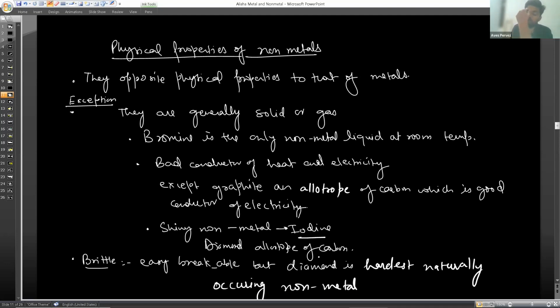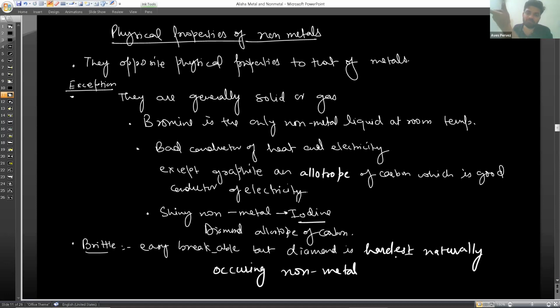Non-metals are brittle, meaning they break when you hammer them. But diamond, because of its tetrahedral structure, is so hard and rigid that it is the hardest naturally occurring substance. You cannot break it by hammering. Now first memorize it, then write it down.